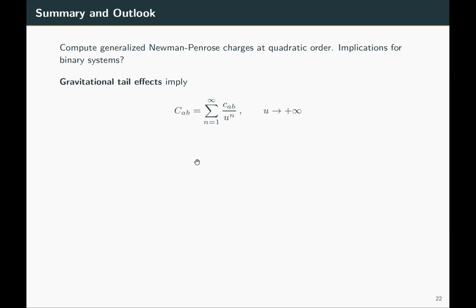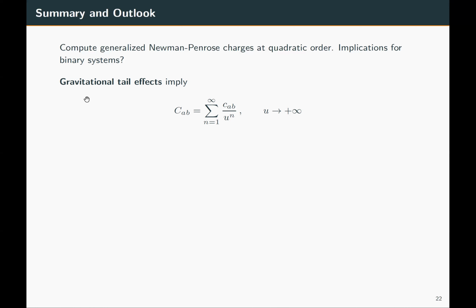But there is an important point here: it's very well defined in the linearized theory, but as soon as you consider nonlinear effects, there is the so-called gravitational tail effect, which destroys this behavior.